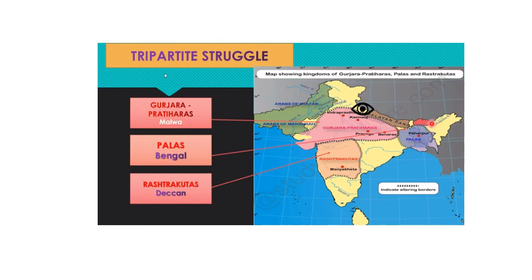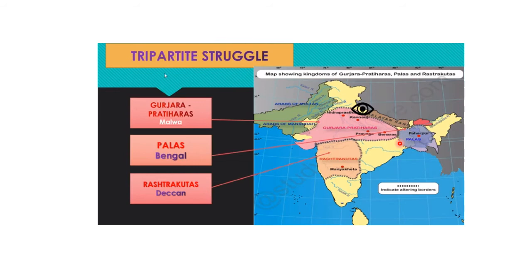Now, these three kings tried to control other areas. They always wanted to expand their territories, and one particular place was Kannauj, which each of them wanted to occupy, because it was felt that if they got control over Kannauj, they could control the entire country. It was a symbol of prestige for all the three.